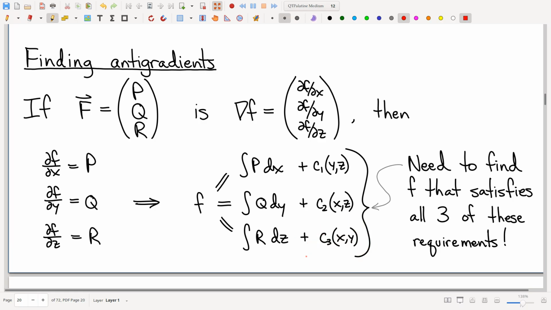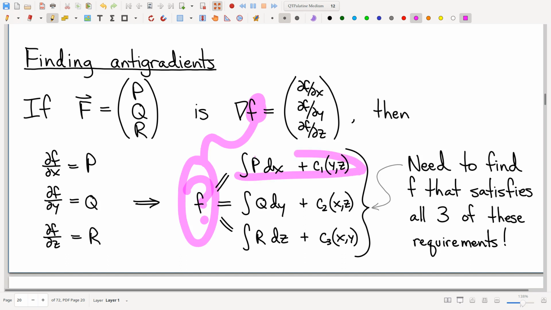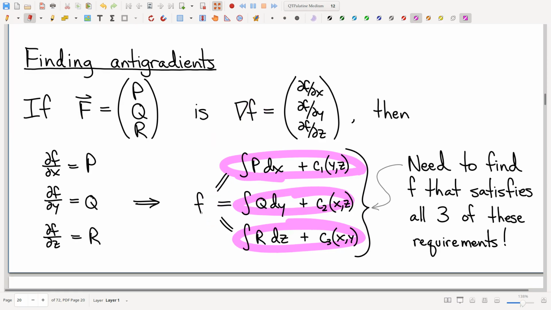Okay, so this is what we've got then. If I want to know, is there an f, is there an antigradient, I need for that f to equal all three of these things. And next observation, if f is equal to all three of these things, then all three of these things need to equal each other.